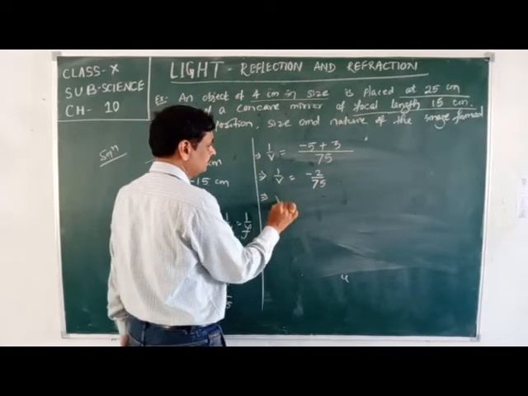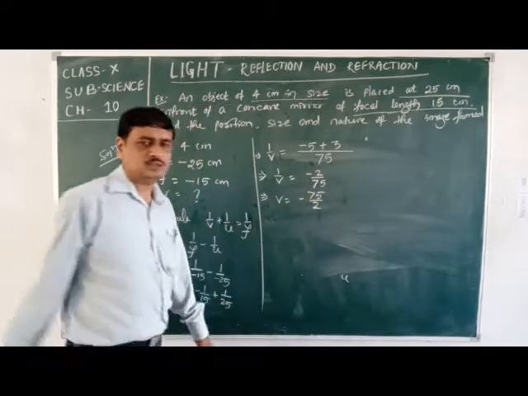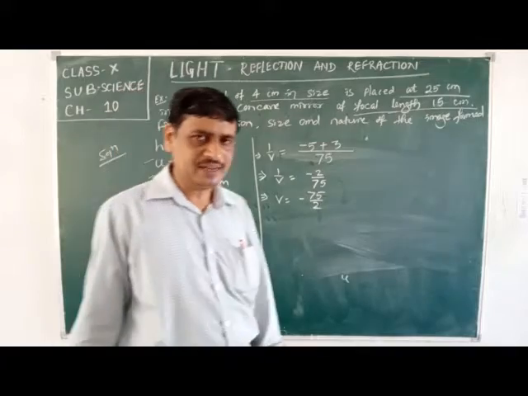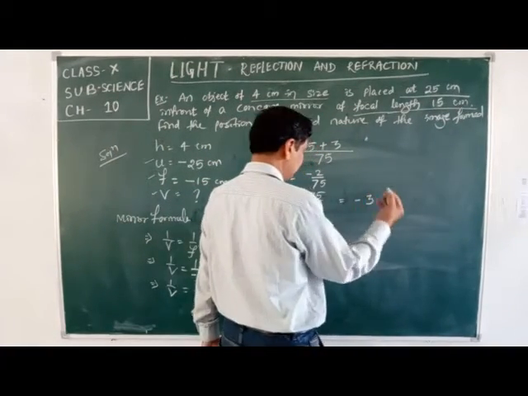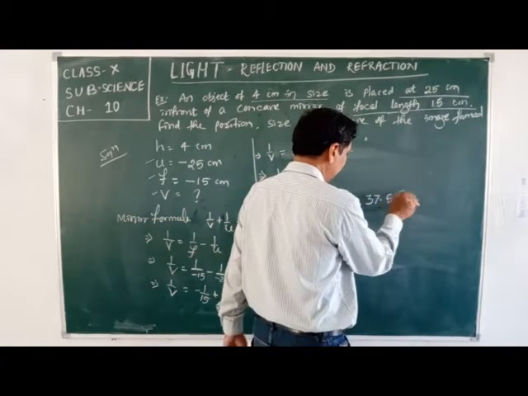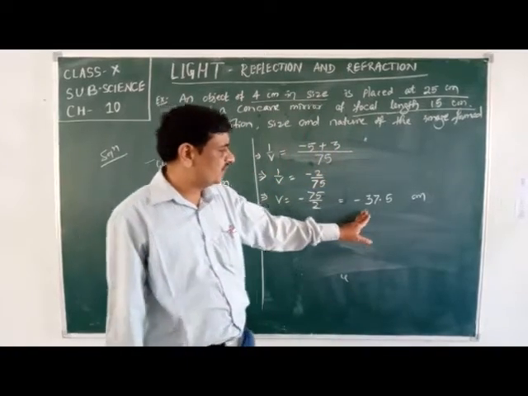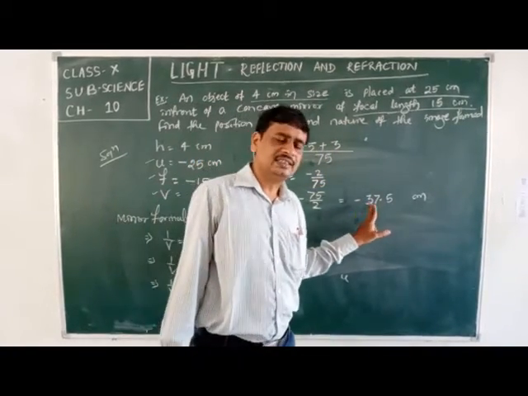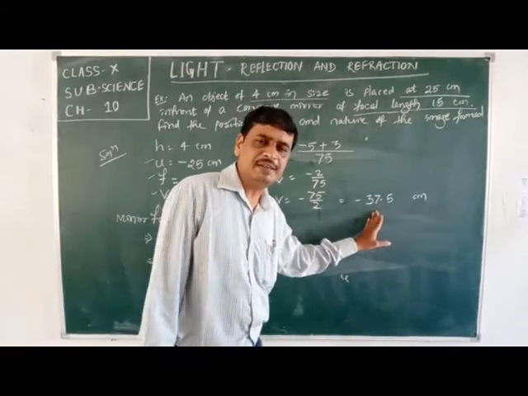This implies v is minus 75 by 2. Minus 75 by 2 is equal to minus 37.5 cm. The image will be found 37.5 cm in front of the concave mirror.